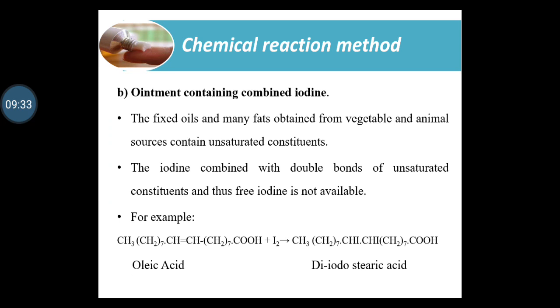Example is the oleic acid. You can see the formula of oleic acid, which combines with iodine solution to give diiodostearic acid. It is called as combined form of iodine, which is formed during chemical reaction.